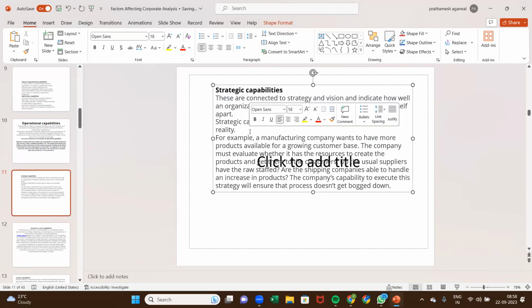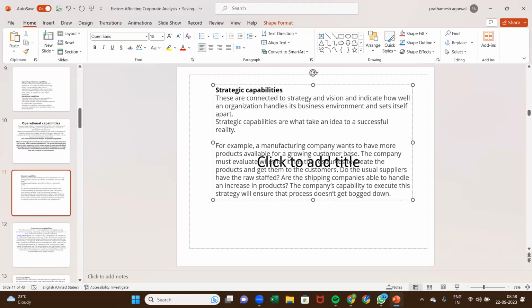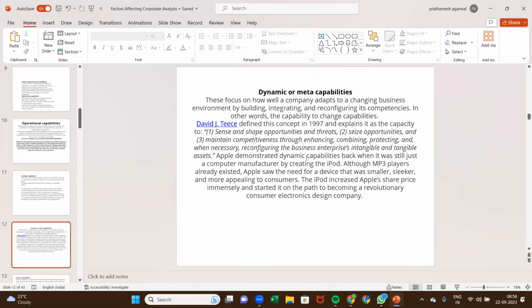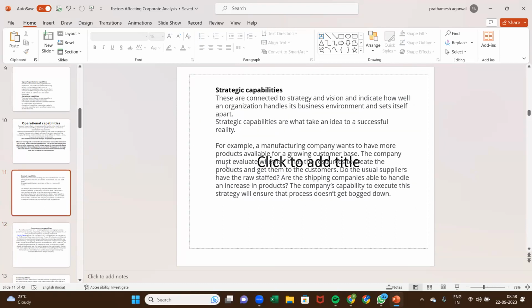For example, a manufacturing company wants to have more products available for a growing customer base. Okay, the customer base is increasing. The company must evaluate which products have to be made more and how they are supposed to distribute it among the customers.